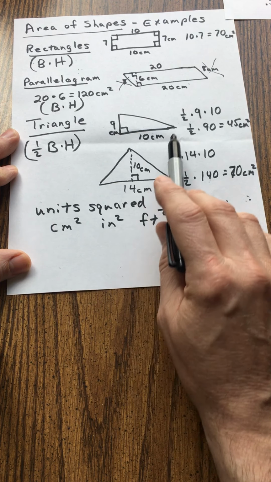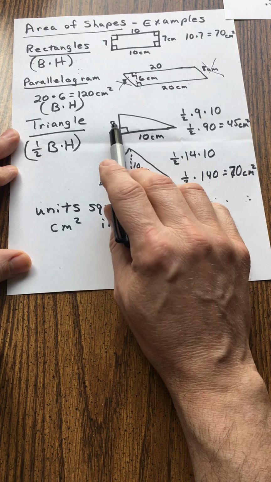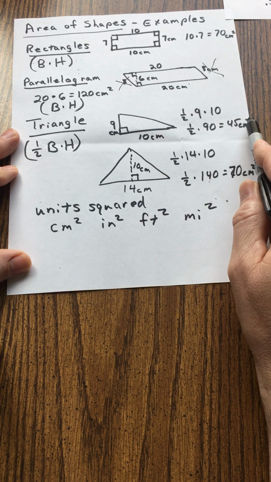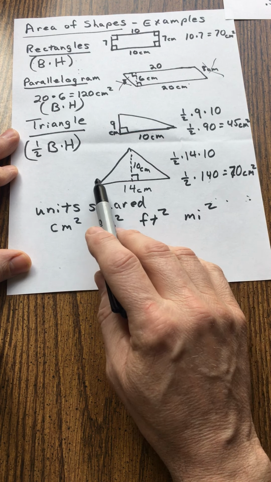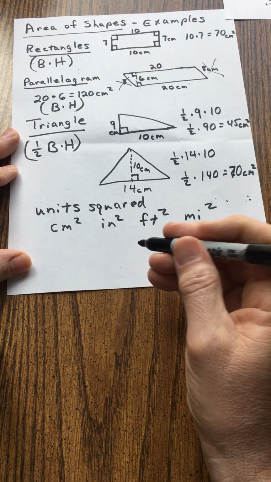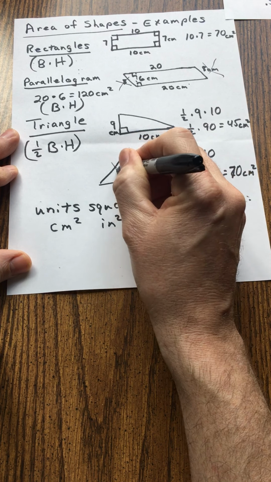Triangle, I've got a couple more examples of triangles. 10 times 9 is 90, half of 90 is 45, that's why that's 45 centimeters. Here we have more of an isosceles triangle. Isosceles has 2 sides that are the same.